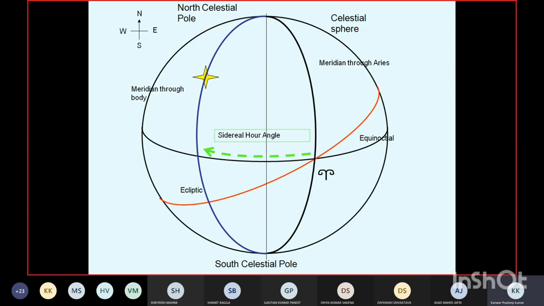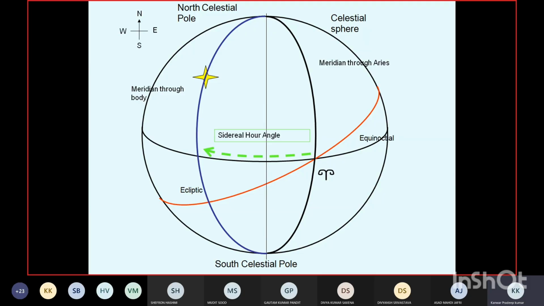Why is GHA not given? SHA is given. First point of Aries. Any idea? No. We will see that later.